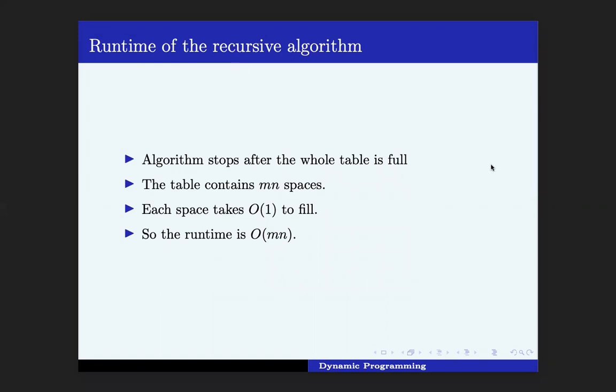We have come up with a polynomial time upper bound, but can we say something about the lower bound also? Let's say not in general, but for a problem like edit distance.